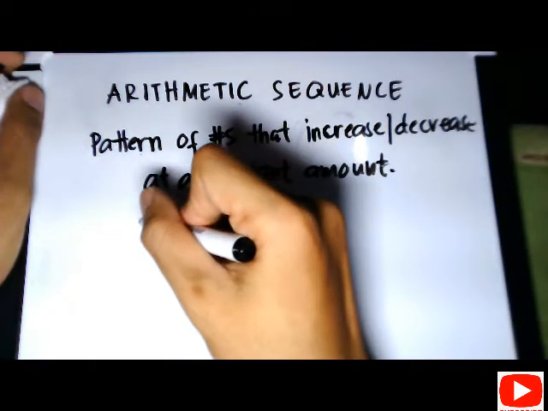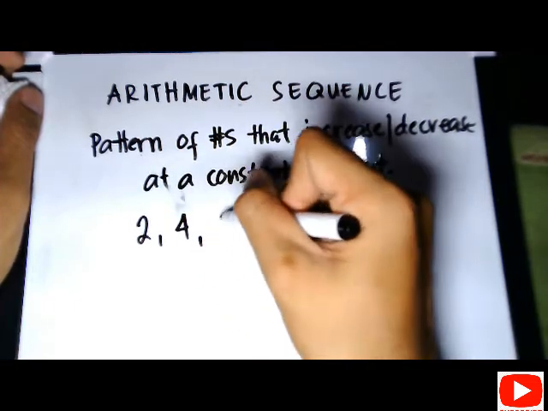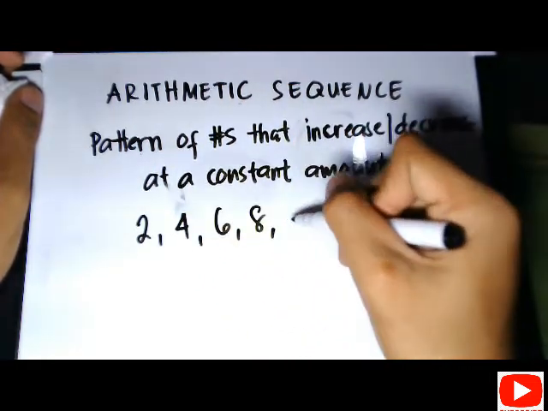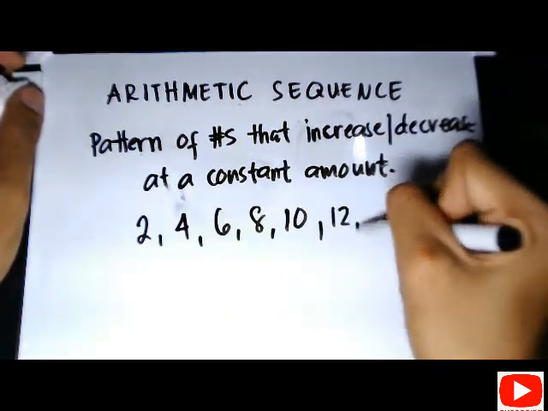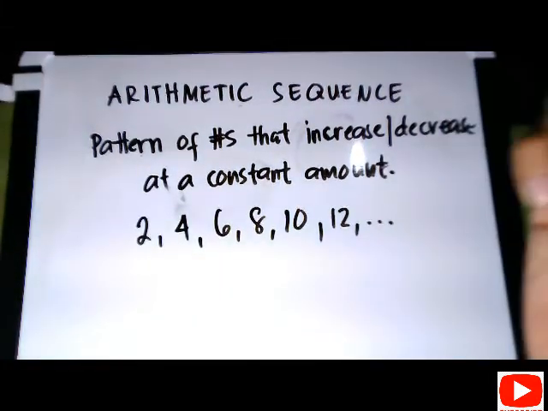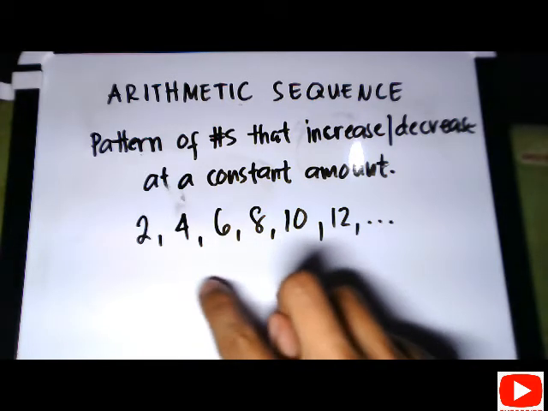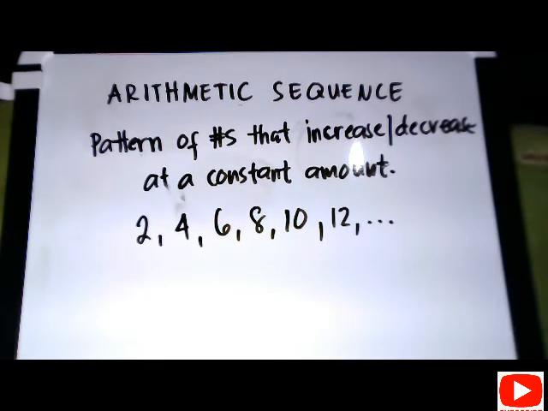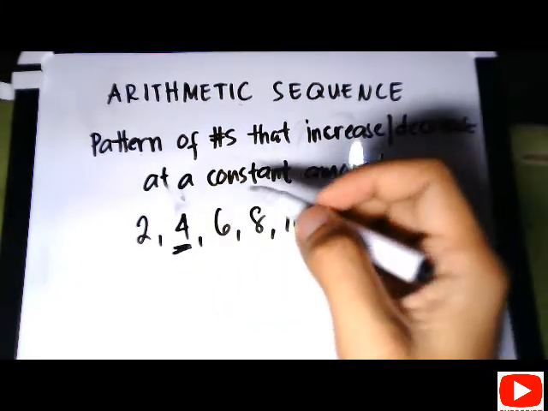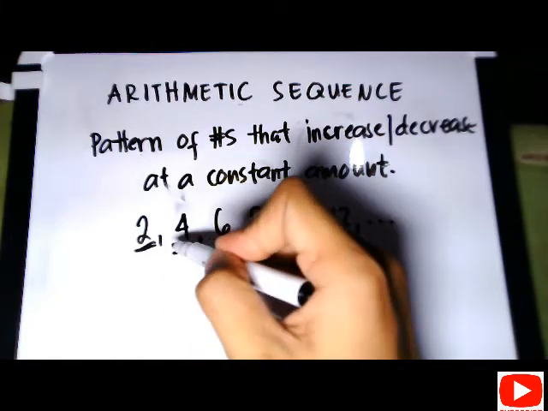For example, 2, 4, 6, 8, 10, 12, and so on. This sequence is an infinite sequence, and this is also an arithmetic sequence. Why is this an arithmetic sequence? This sequence is increasing at a constant amount. When you say constant amount, because when you go to 4 from 2, you add 2.